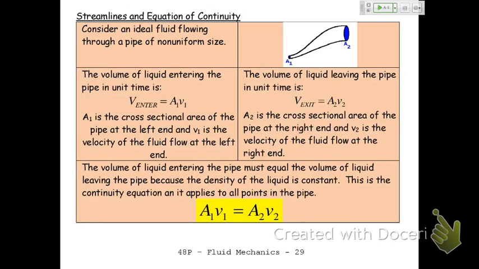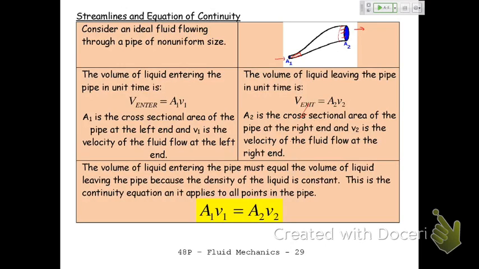So if I imagine there's a little bit of fluid there, the bit that flows in must equal the bit that flows out. And so the volume per second entering must equal the volume per second leaving. That's the way it works, yeah?